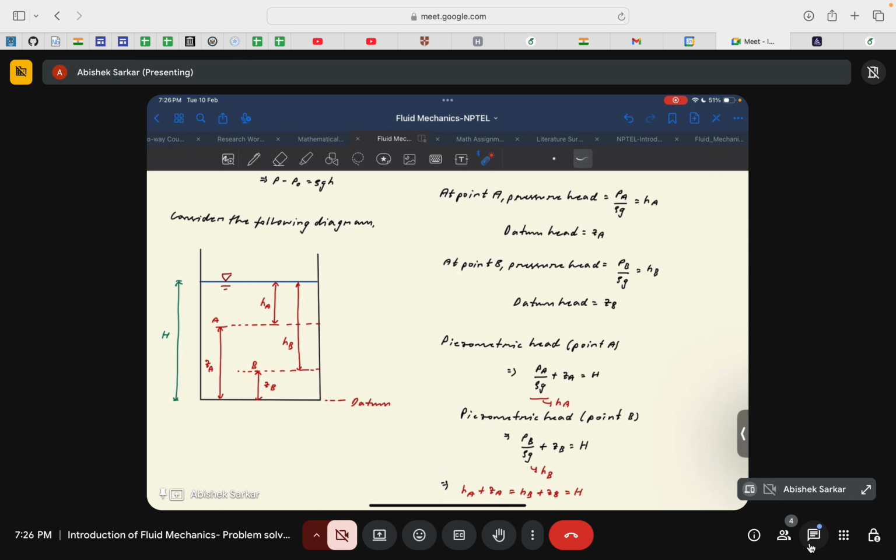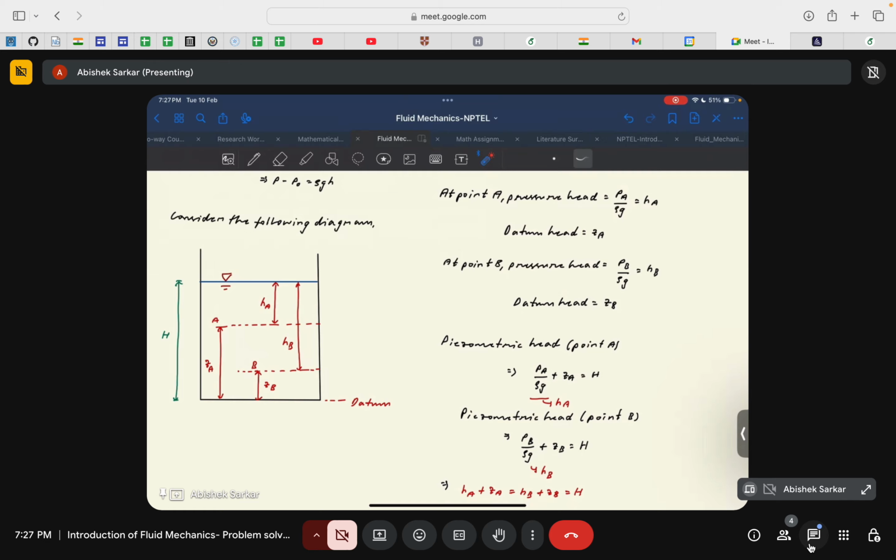Now if you find the total sum of the pressure head and the potential head, HA plus ZA would be H. Again, the pressure head at point B, HB plus ZB, would be H. So it will remain the same.